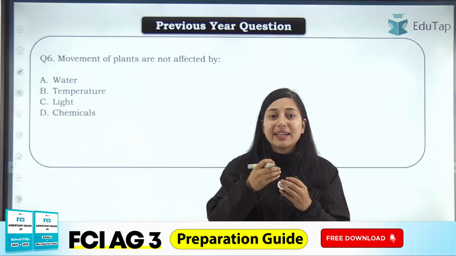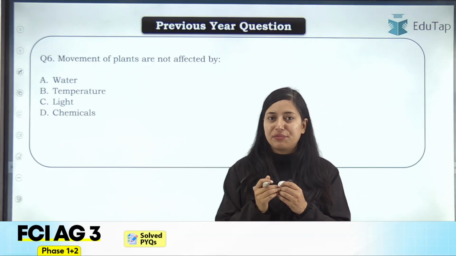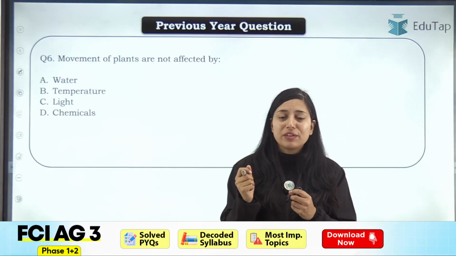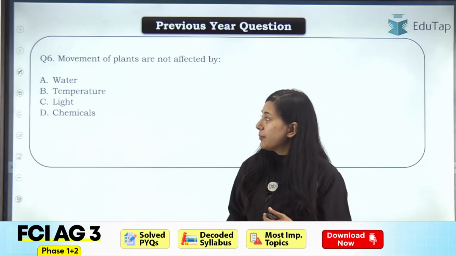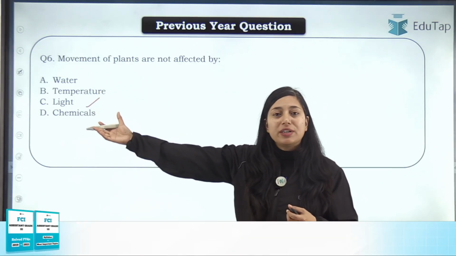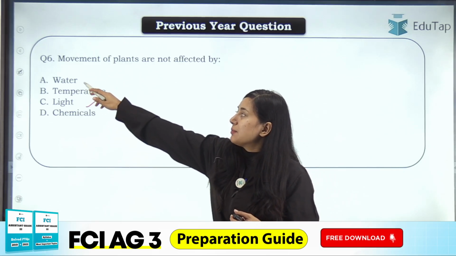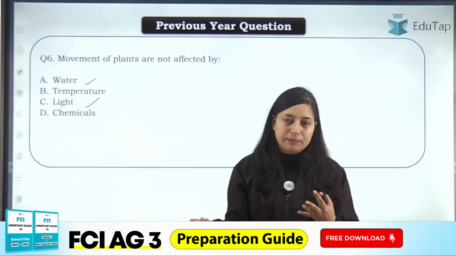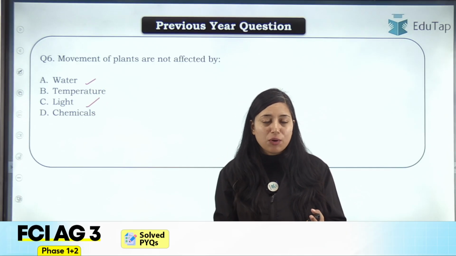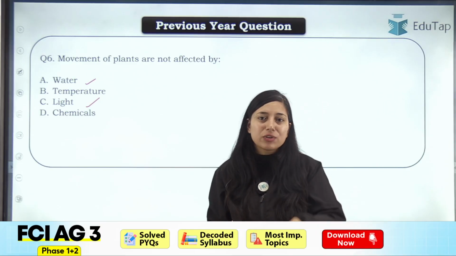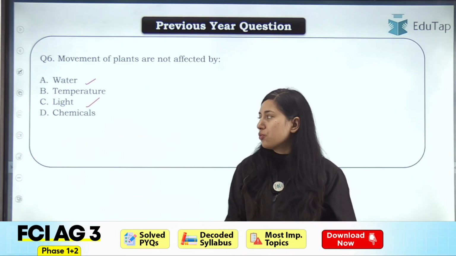That is why the plant comes out of the soil surface, right? So this is a kind of movement which is known as phototropic movement, right? Then there is movement toward water, which is known as hydrotropic movement. Okay, the root goes down inside the soil due to hydrotropic movement, right?